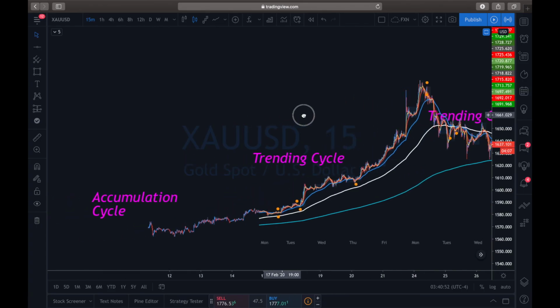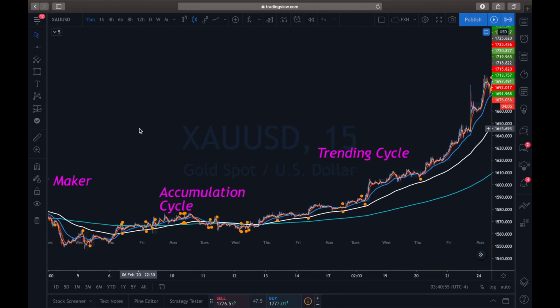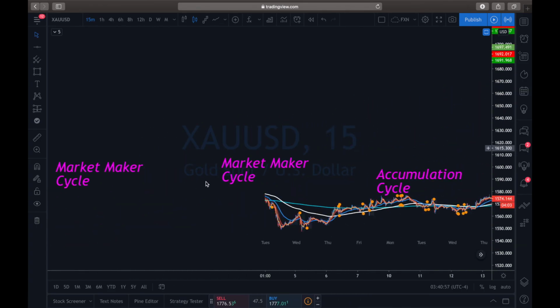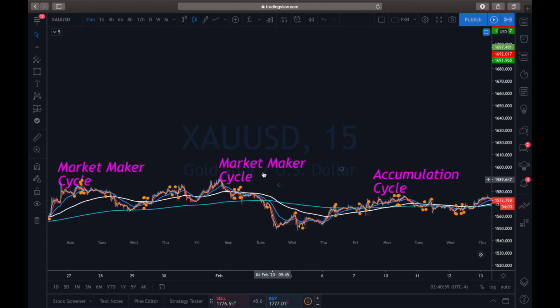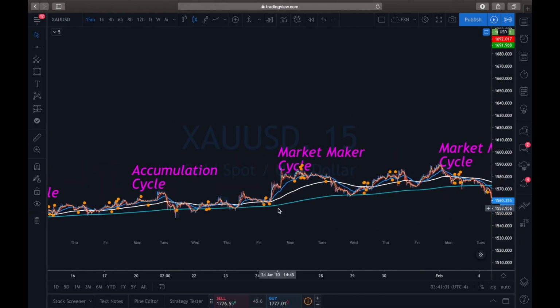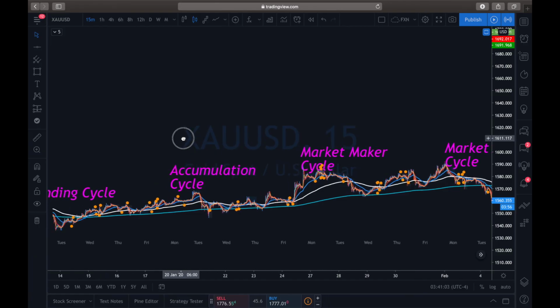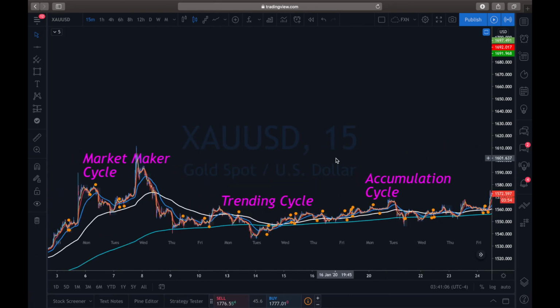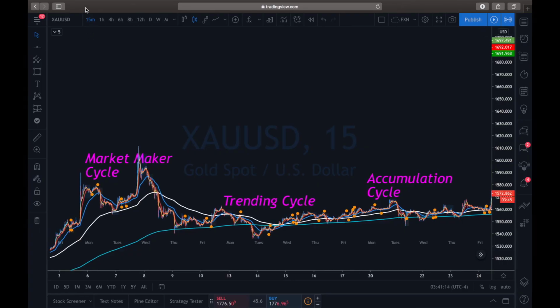So 4 weeks in a row of trending cycles. This is a behavior you can use to your advantage, guys. That's literally a behavior of gold, to have multiple back-to-back cycles.